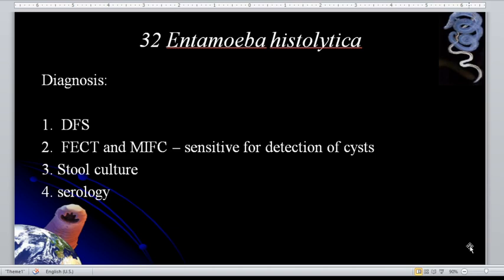You would place that in the result form because you cannot make a definitive diagnosis when you only saw the cyst stage. So diagnosis of intestinal amoebiasis rests on finding either trophozoites in diarrheal stools or cysts in formed stools.